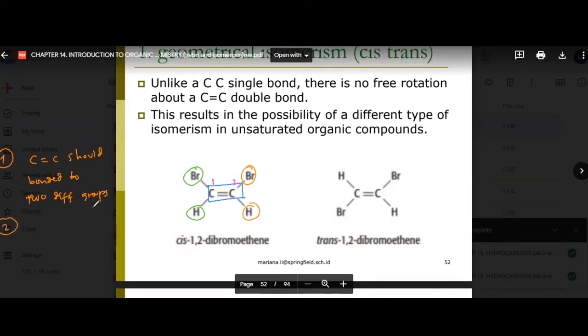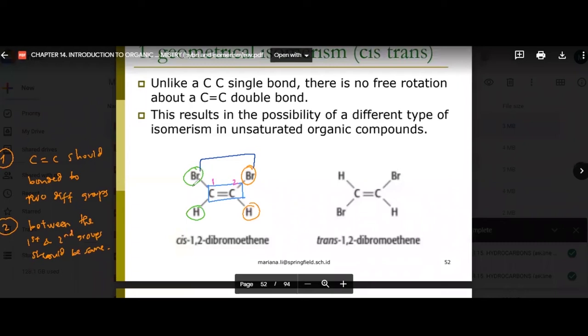And second, between the first and second carbon there should be at least one same group, for example, at the same side.